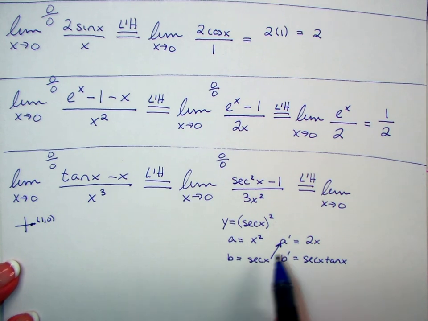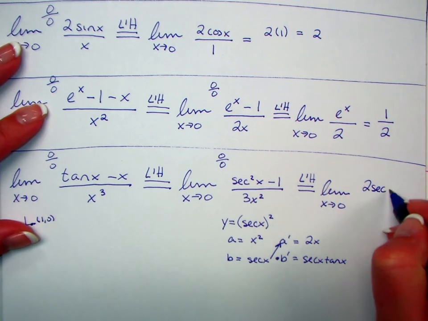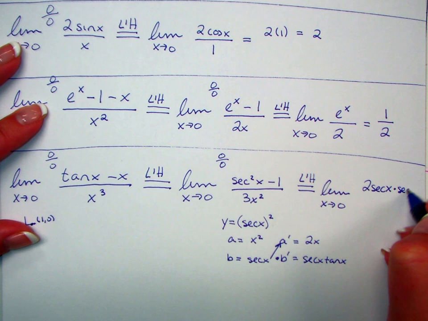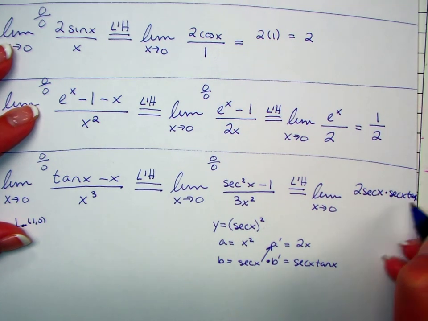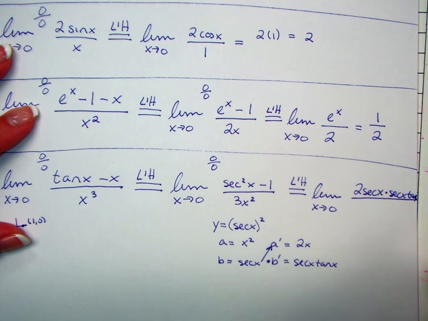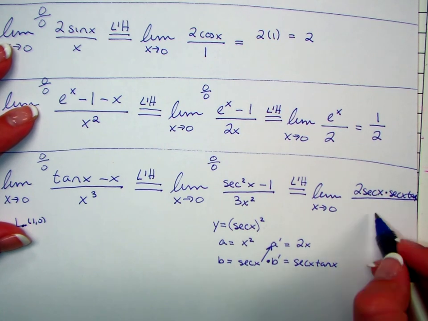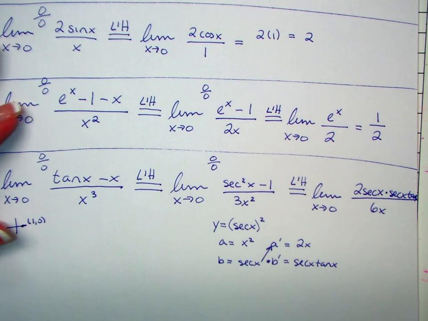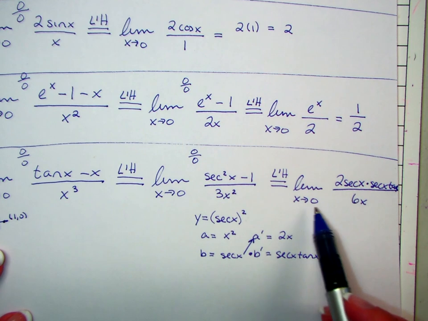So we're going to get 2 times secant x times secant x tan x. Ooh, I ran off my paper. And then the derivative of 3x squared is 6x, right?